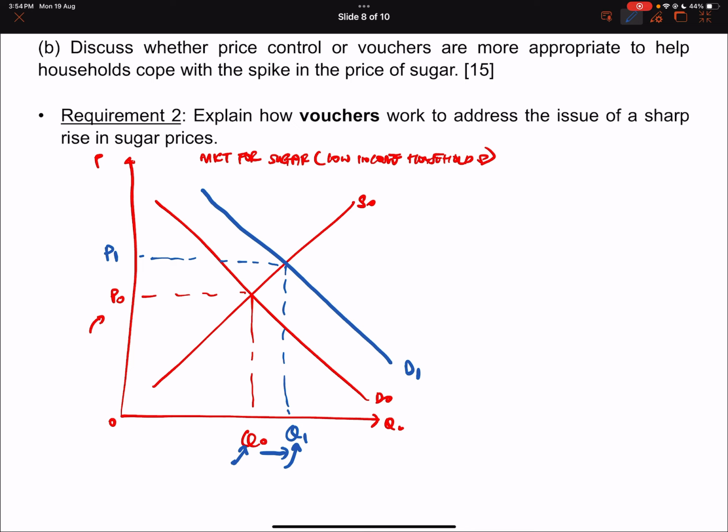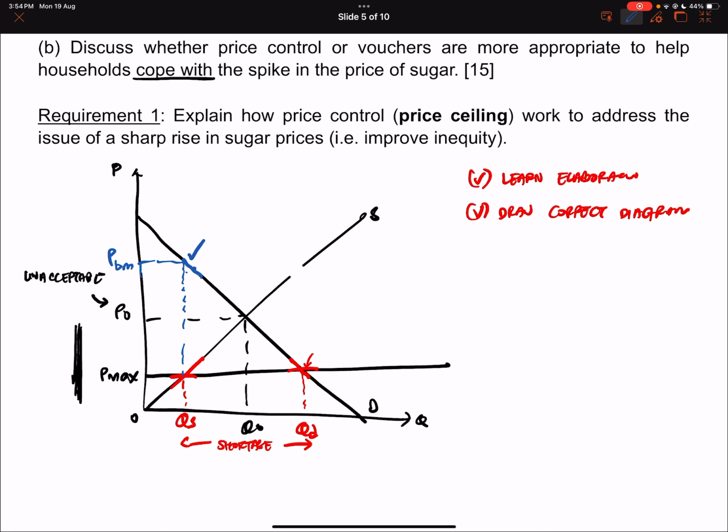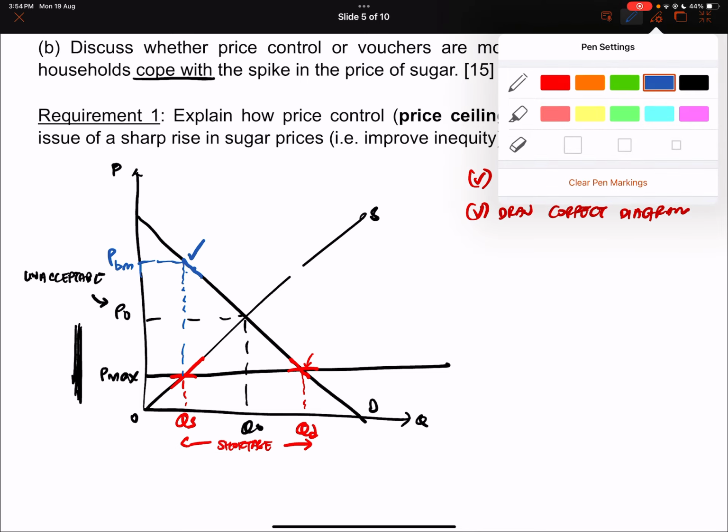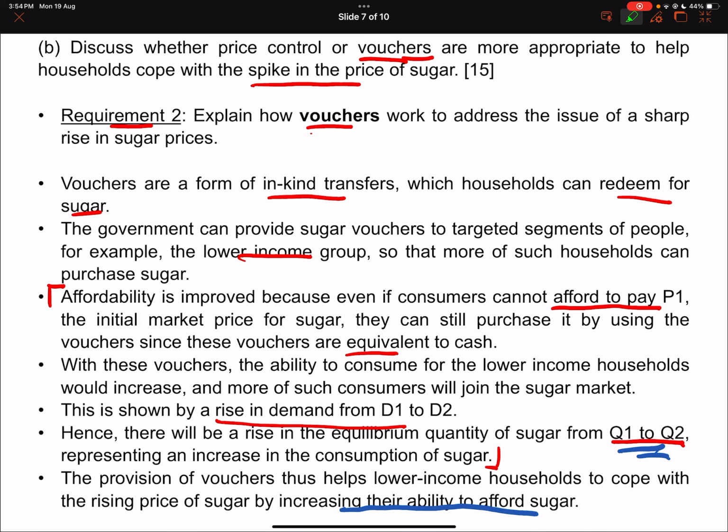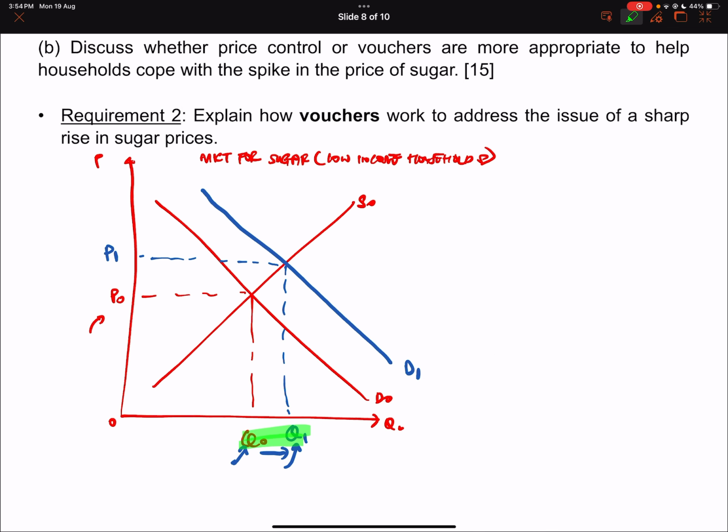Okay, at this point I want to really address kind of like the elephant in the room, right? Which is that, you know how for the price ceiling, we focus on the lowering of prices, right? But for this case, we focus on the quantity. Why? Because you have to be smart about it.